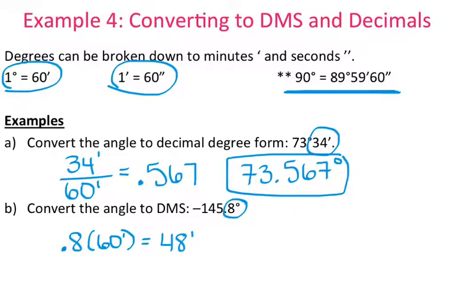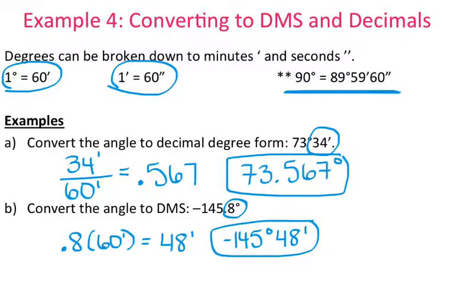That means negative 145.8 is negative 145 degrees and 48 minutes. So when you start with the degrees and the minutes, you're taking the minutes and dividing by 60. When you start with the decimal, you're going to take the decimal and multiply it by 60 to get the minutes. Now your calculator can actually convert back and forth from decimal angles to degrees, minutes, and seconds.